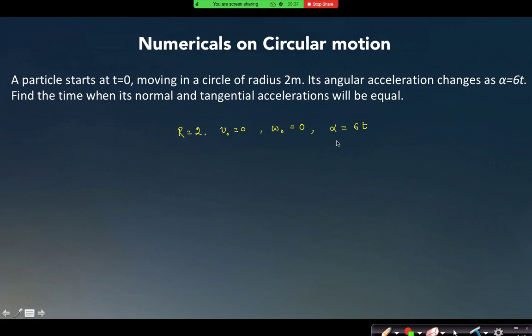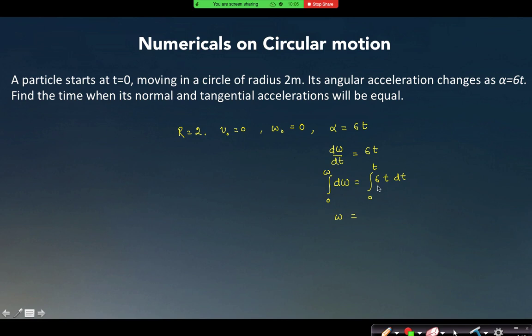Yes, alpha is equal to d omega by dt, that is equal to 6t. So I can say d omega equal to 6t dt. Now if I integrate it from omega equal to 0 at t equal to 0, to omega after time t, what is the integration? What will I get as omega as a function of t?